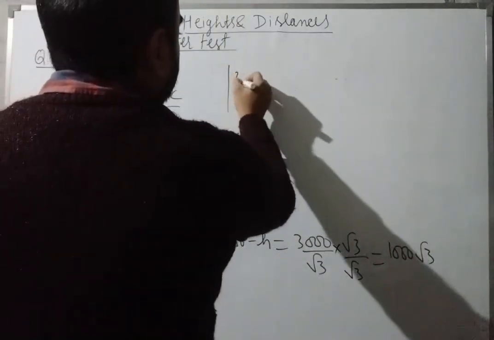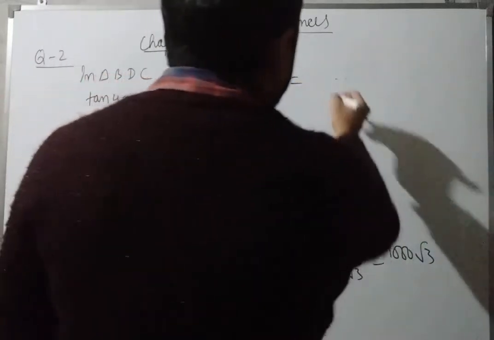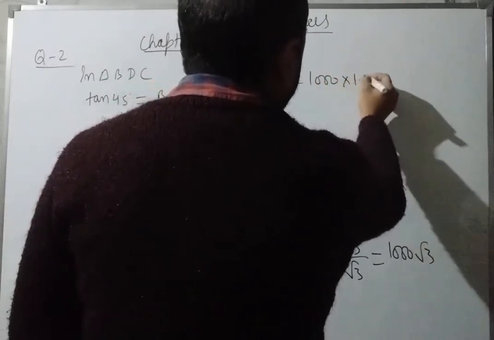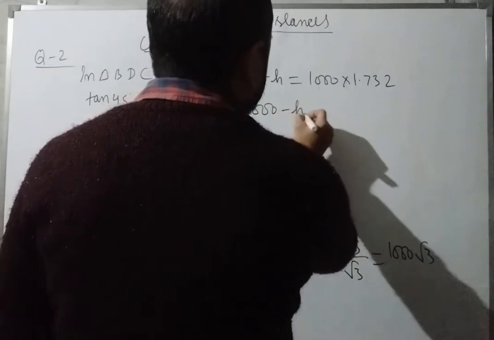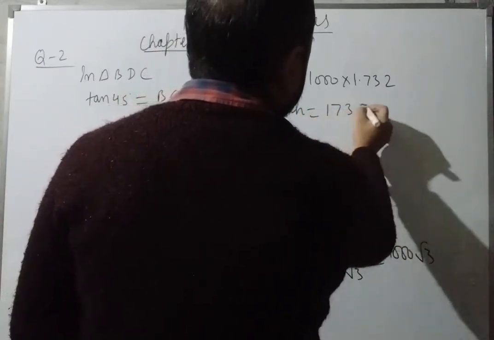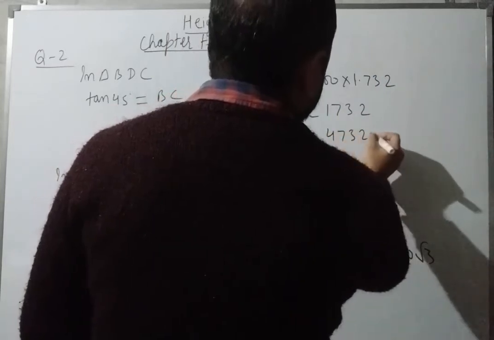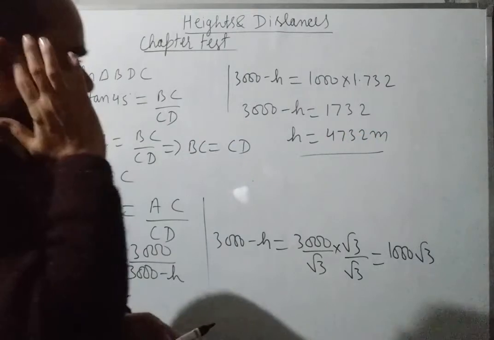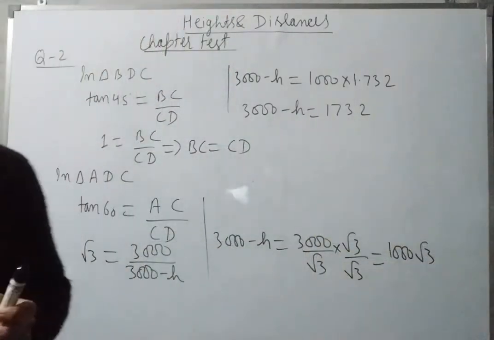So 3000 minus H is equal to 1000 into 1.732. So 3000 minus H is 1732. It means H will be 4732. Okay. Sorry, we have to subtract.